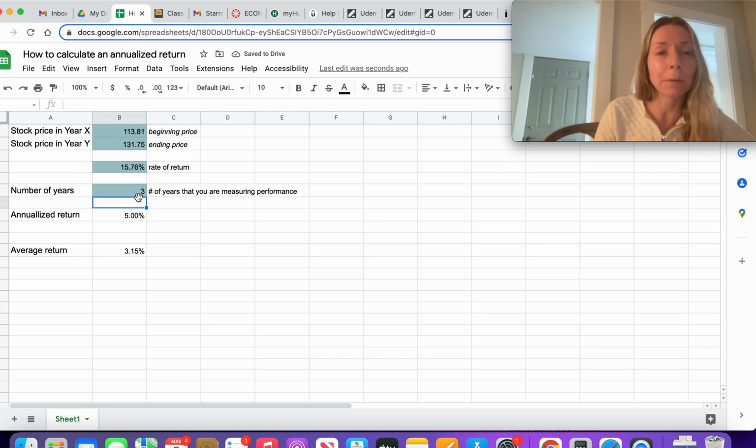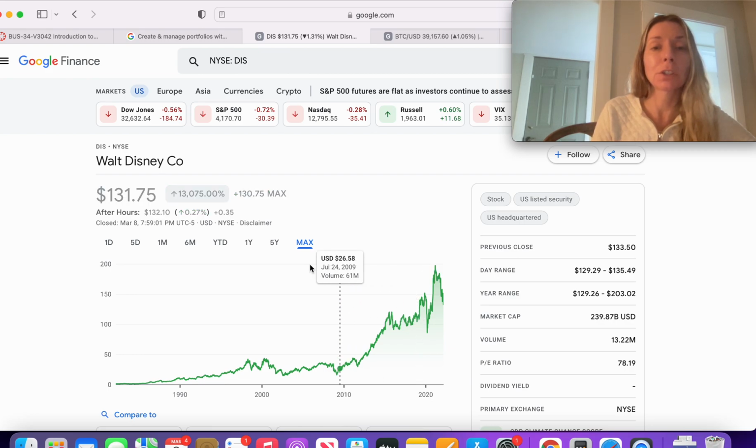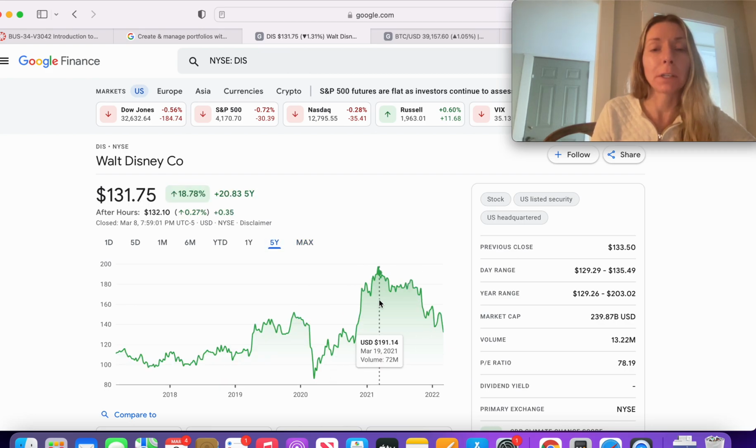So my 3-year return is looking better. Why is my 3-year return looking better on an annualized basis than my 5-year return, right? My 3-year return is looking better because in March of 2019, the stock price was 113. It didn't do that much. Okay, so in 5 years, it didn't really do that much in the first couple of years, right?